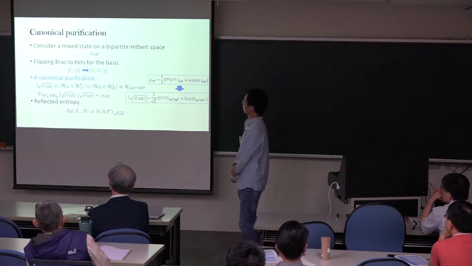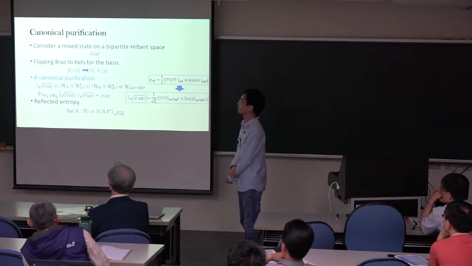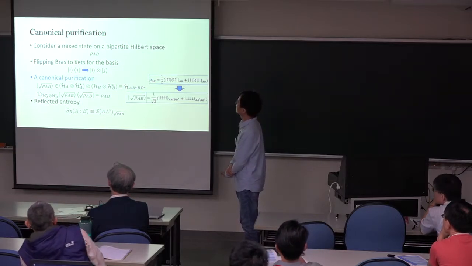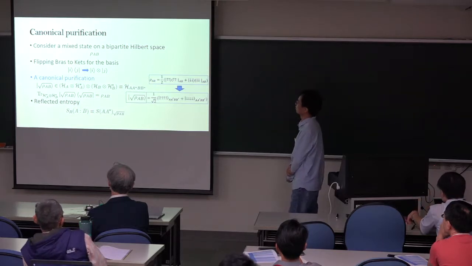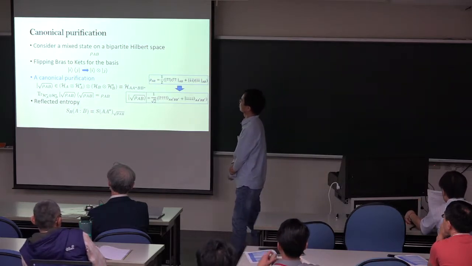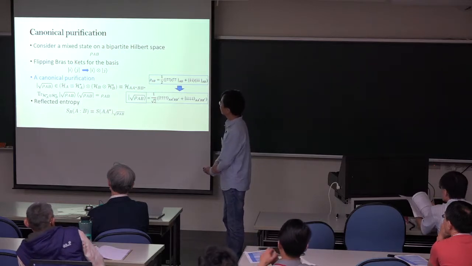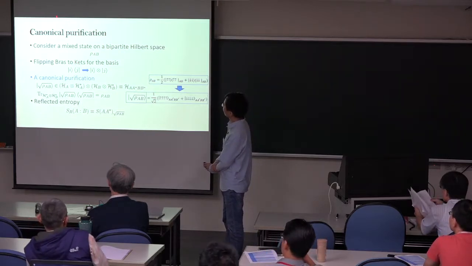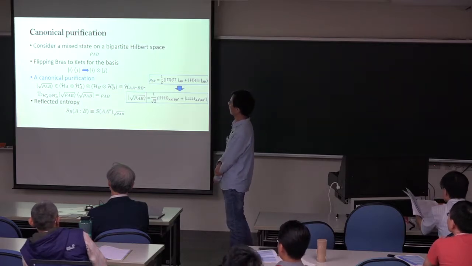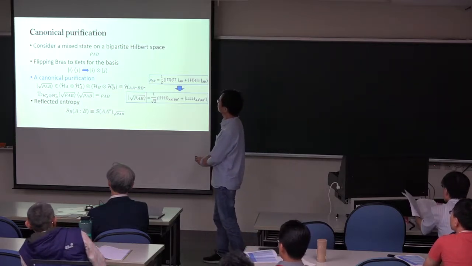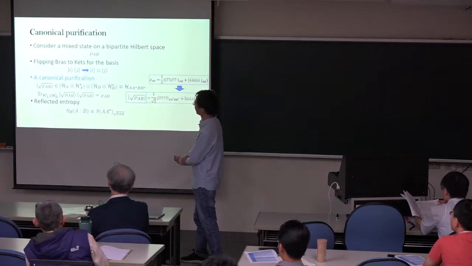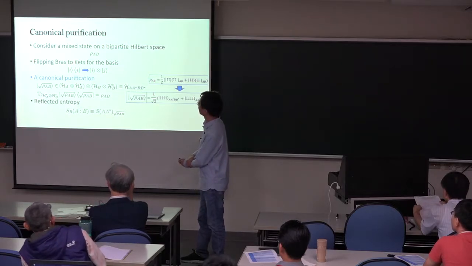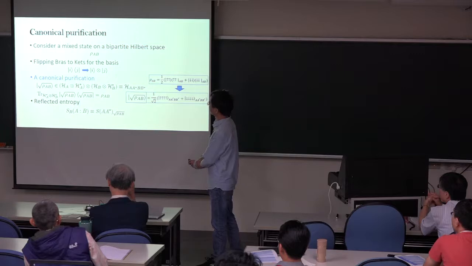So today we're going to present another proposal which can be computed explicitly. This relies on an idea called canonical purification, as mentioned in yesterday's talk. So consider a mixed state, rho AB. Very intuitively, how to understand this purification and why it is canonical: if you do the Schmidt decomposition for any given mixed state, you have some kind of basis, like this, where one is a bra and one is a ket.